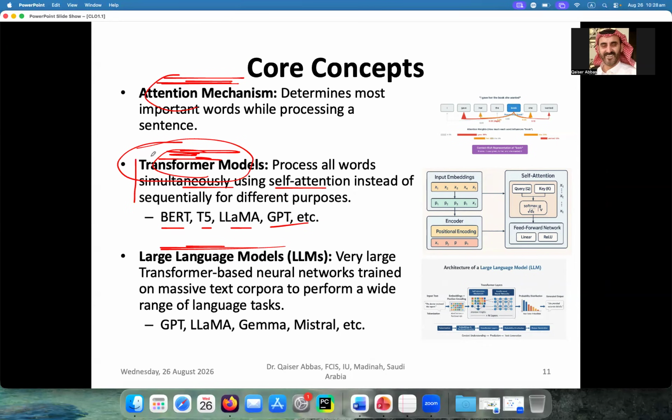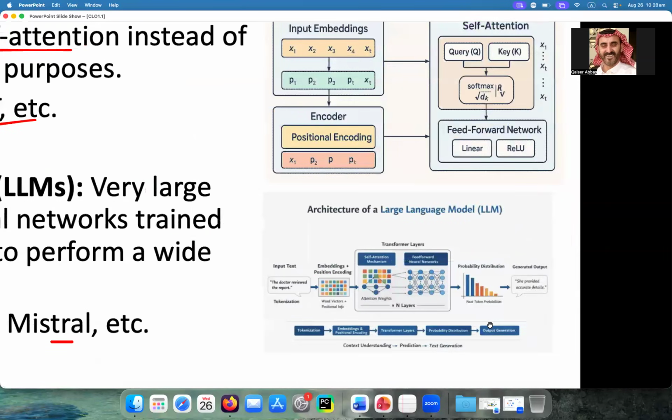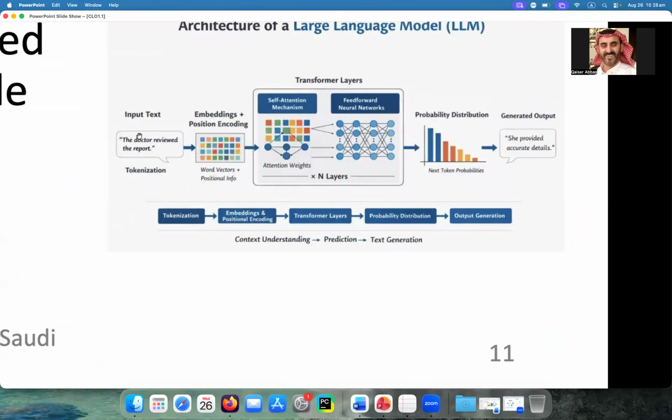The main difference between these transformer models and an LLM is that the LLM is trained on a large, massive corpora. The corpora size is huge, which normally you do not expect in normal transformer models. And again, the examples are the same: GPT, Llama, Gemma, Mistral, etc. Maybe the design is the same, but the massive text corpora that you are using for the training of these language models differ, and the architecture is again displayed here, just giving you an idea.